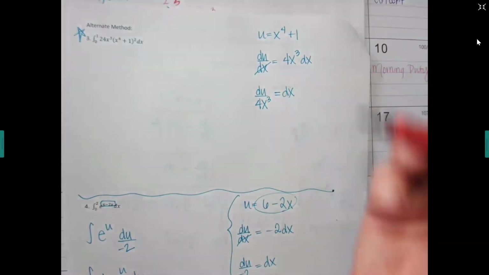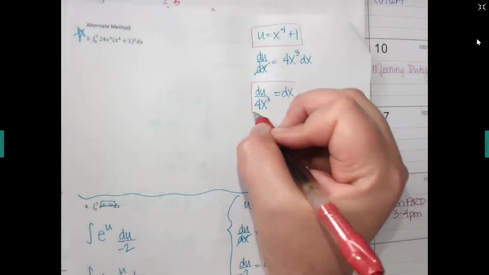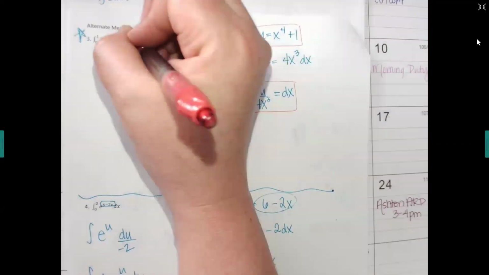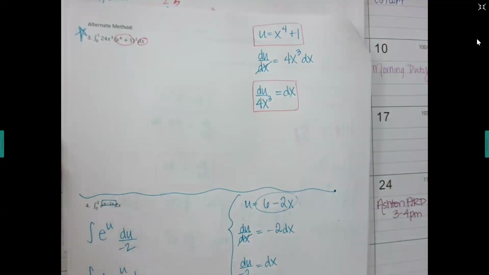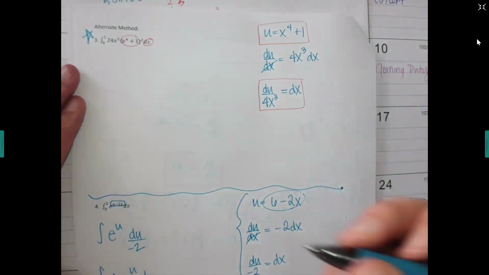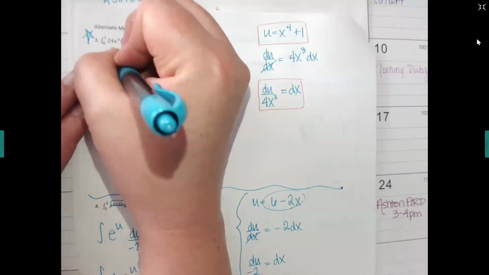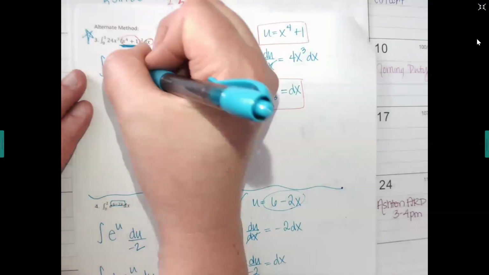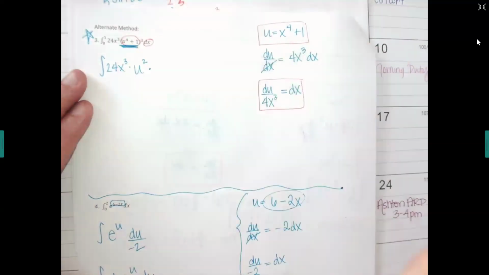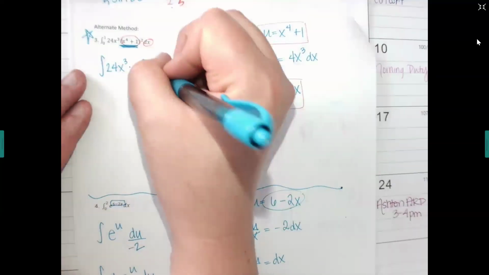When I do my substitution, remember, it's the top and the bottom that are going to swap out in my integral. So my 24x cubed is still there. But this is now a u squared and then a du over 4x cubed.